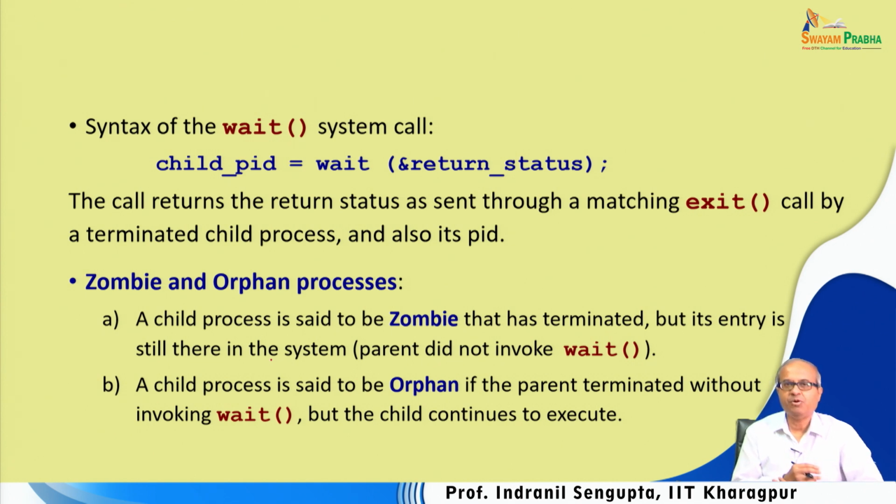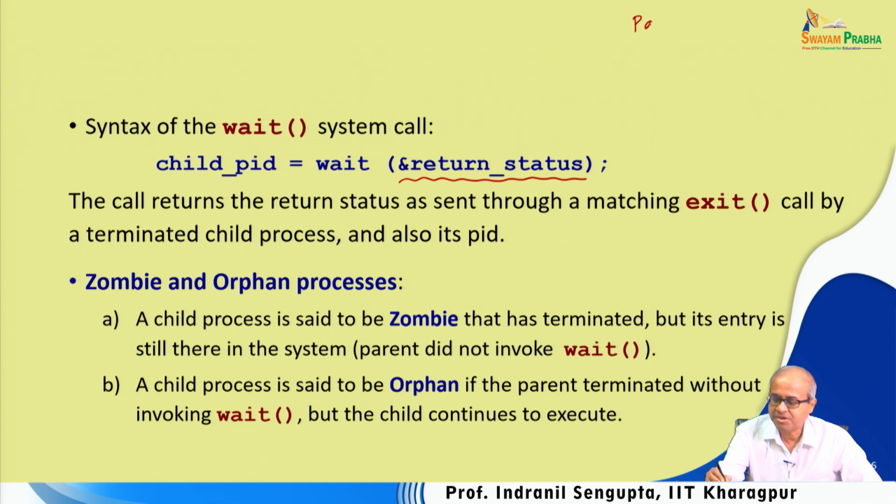Now, the wait system call can be called like this: wait, you pass the address of a variable, ampersand means address, the name of the variable is return status, and it returns a value. See, there was a parent, possibly the parent has created multiple child processes, let us say child 1, child 2.